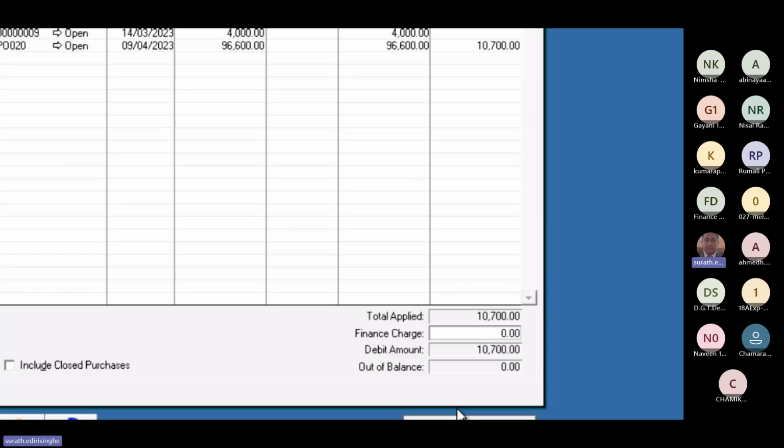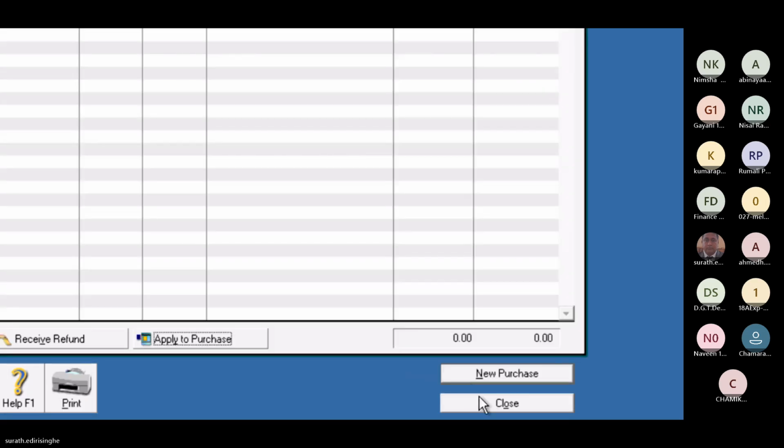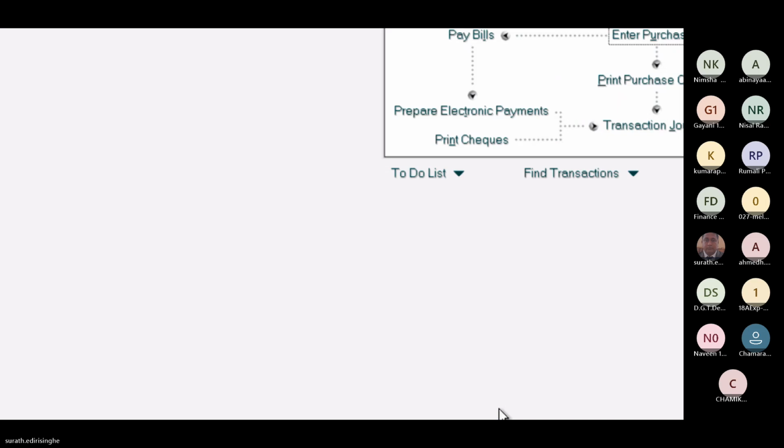Then the out of balance is zero. Then record. Close. Cancel.